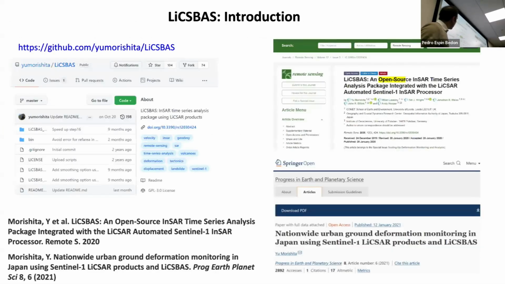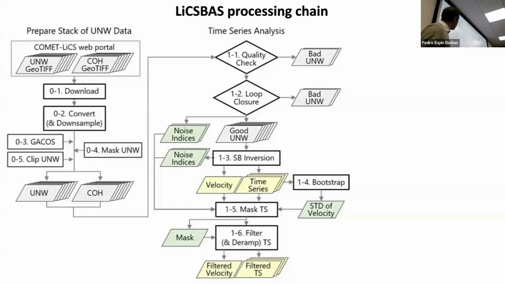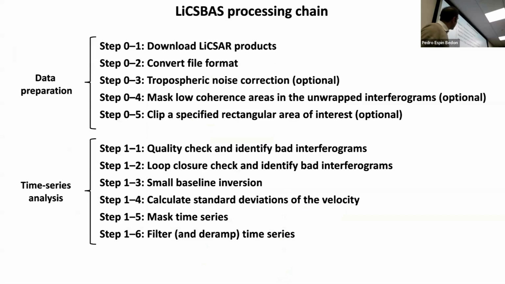After that, I started a brief overview of the LiCSBAS package. I mentioned that there are two parts in LiCSBAS. One part is for the data preparation step, as you see on the left, and we have another part for the time series analysis. For the data preparation, we have 5 steps, which include downloading, converting and downsampling of the data, the GACOS correction application, and finally masking and clipping.